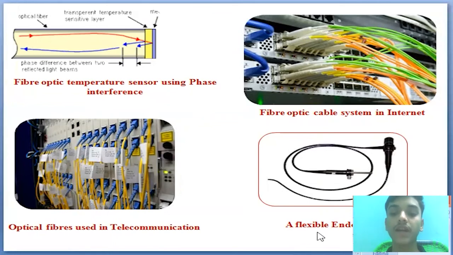A flexible endoscope means if we have inner problems which a doctor cannot see with the naked eye, they use this optical endoscopy to see what's happening in our body.